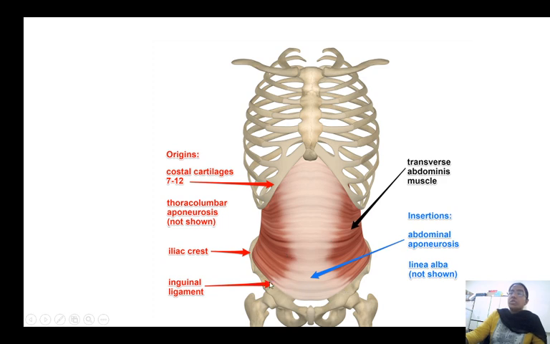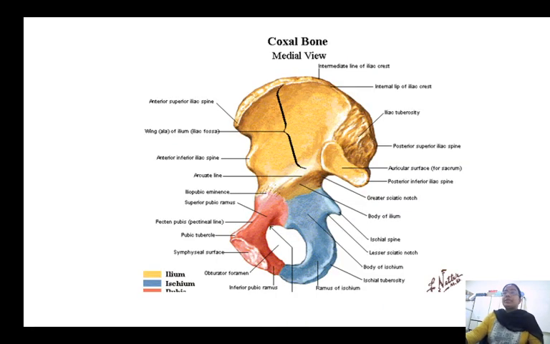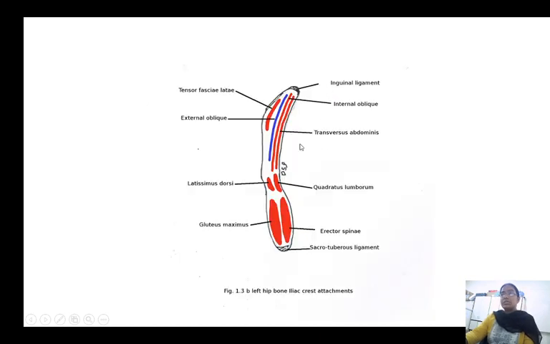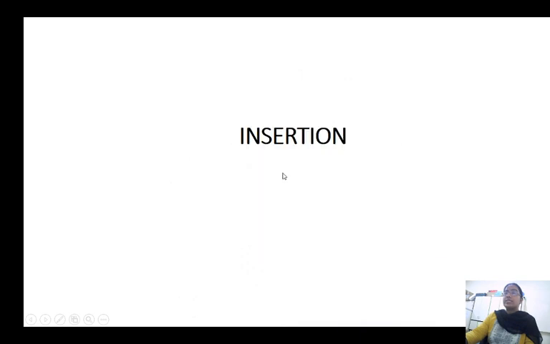So the origin is the lateral 1/3 of the inguinal ligament, the inner lip of the iliac crest, the thoracolumbar fascia, and the 7th to 12th costal cartilages. You can see it here: the transversus abdominis coming from the inner lip of the iliac crest. This is the origin.